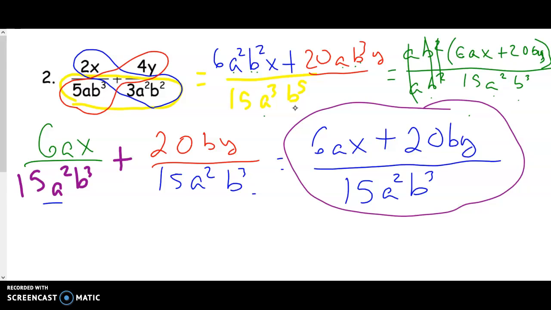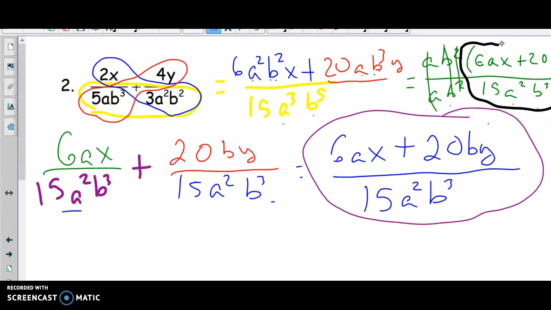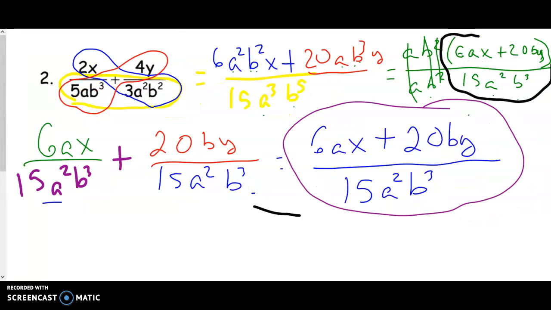So if you went this route, you get the exact same answer. Oh no, let's pause this 1 second. All right, got that fixed. So these match up. So either route works, just kind of depends which way you want to do it. Depending on the problem, sometimes one method works faster or easier than the other. So that's number 2.